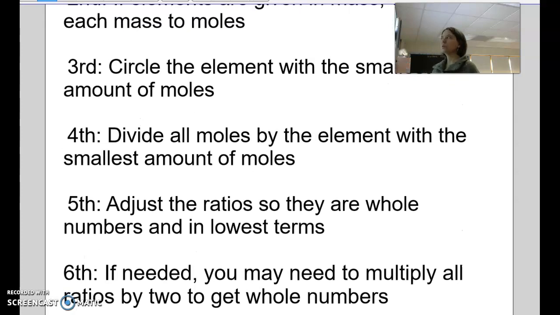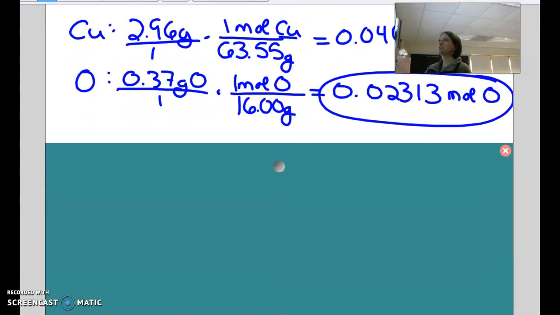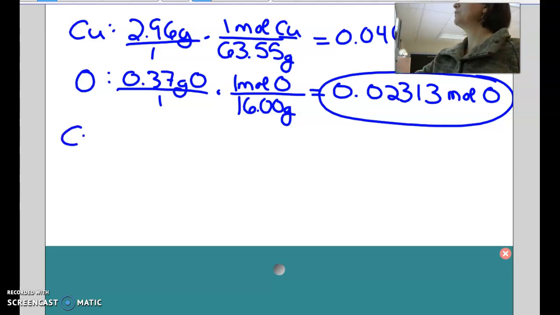Divide all moles by the element with the smallest amount of moles. Okay, so we're going to have to do some writing here. So we're going to do copper first.